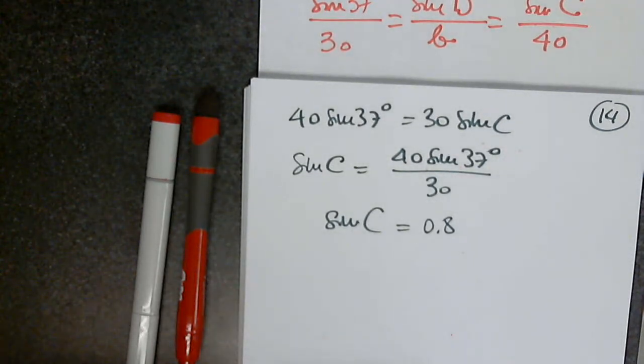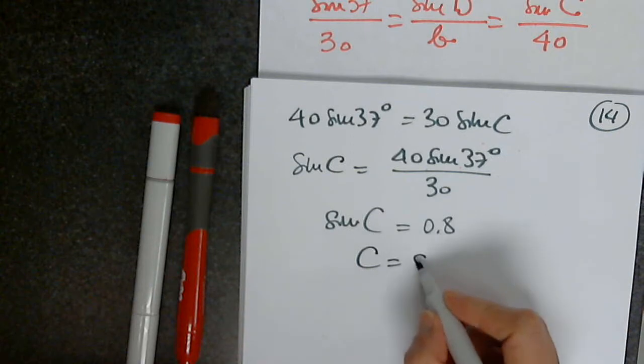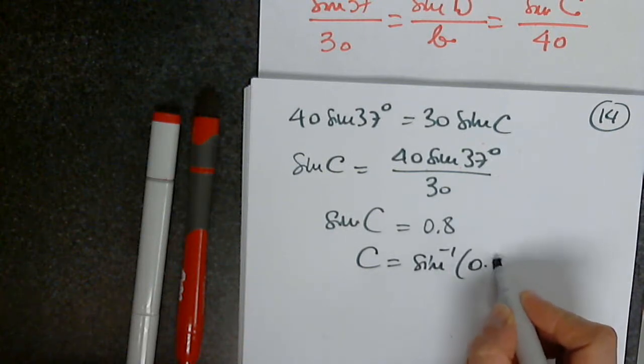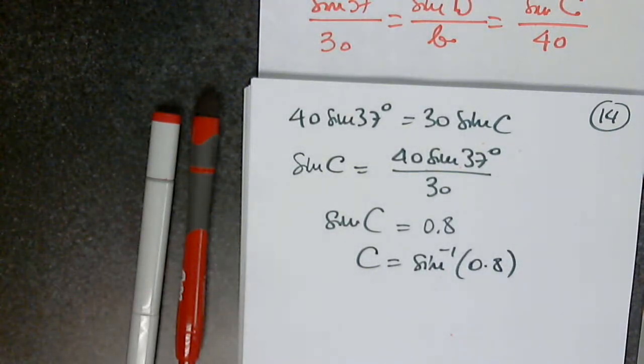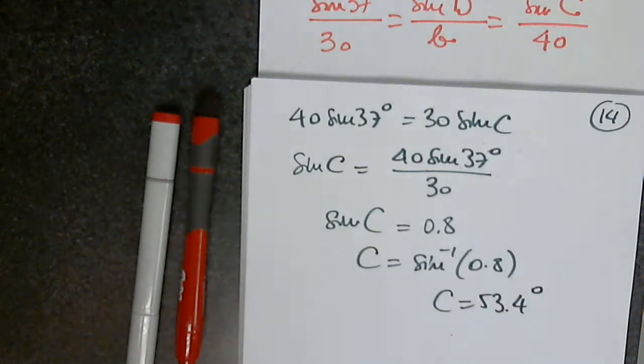What do I have to do to both sides? Apply the inverse, sine inverse of 0.8. I got 53.4. C equals 53.4 degrees. Would you agree with that?